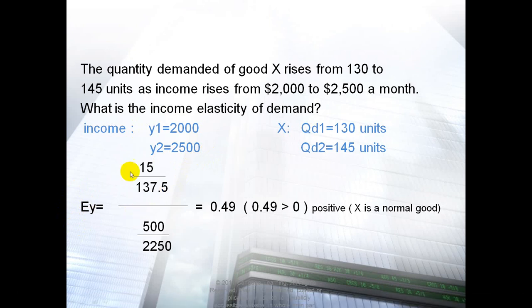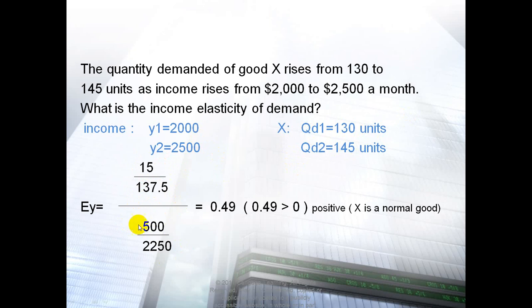So the same way as we did for EC and ED, we do here. So here you find the change in quantity demanded. This minus this equals 15. And here the quantity demanded average, this plus this over 2 equals 137.5.